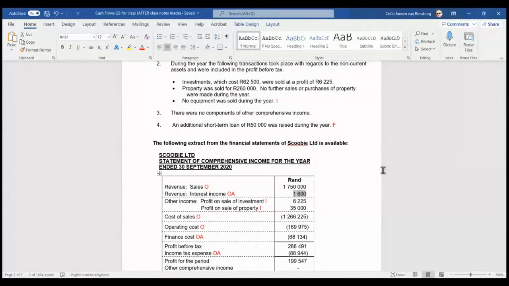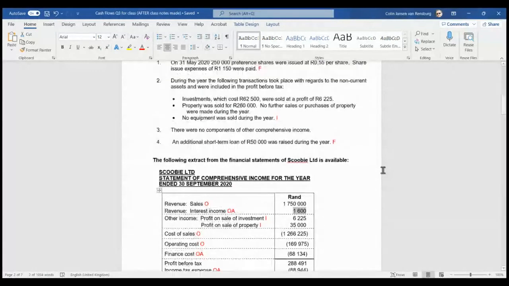To see whether any interest income was accrued at the beginning of the year, or at the end of the year, or both, because it means there will be a figure in our statement of financial position called interest receivable or something like that.